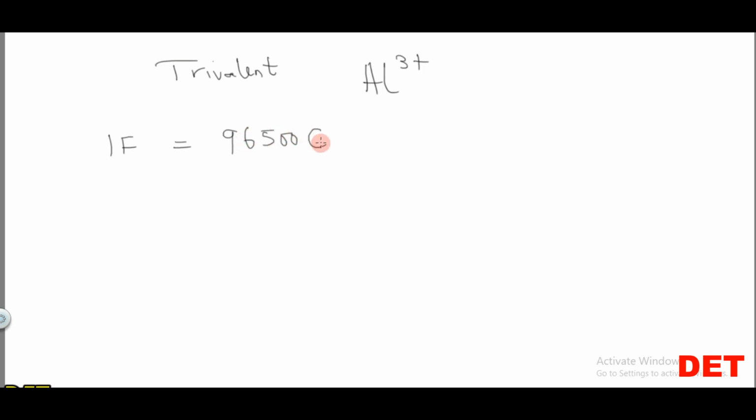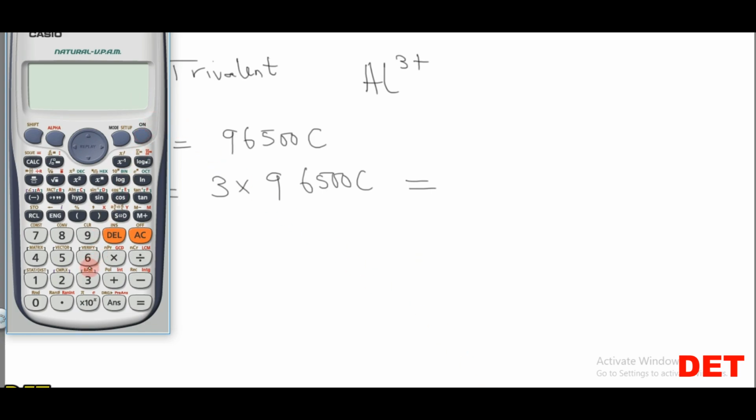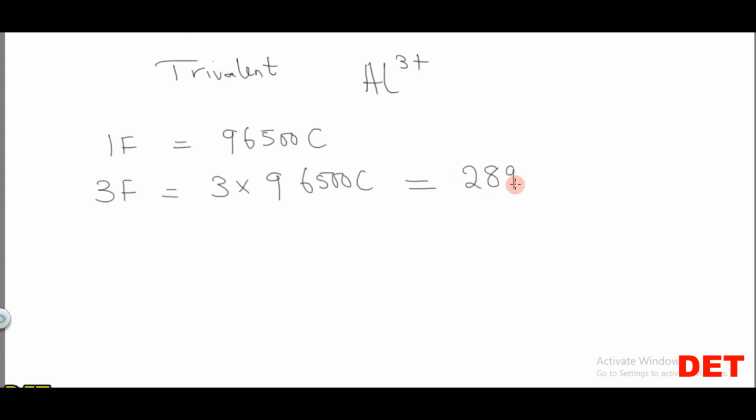96,500 coulomb. So if 1 Faraday is equal to 96,500 coulomb, then 3 Faraday will be equal to 3 times 96,500 coulomb. Let's bring out the calculator. 3 times 96,500 is equal to 289,500 coulomb. This is the value for 3 Faradays of electricity.